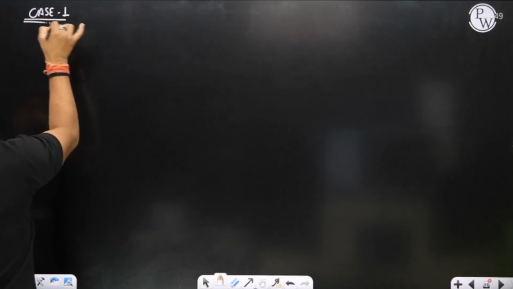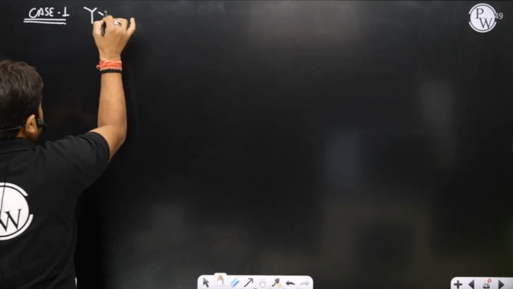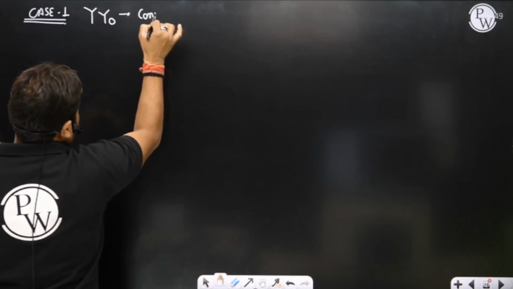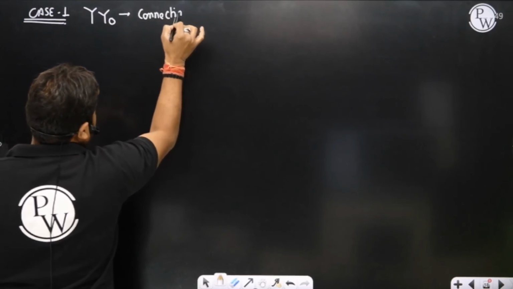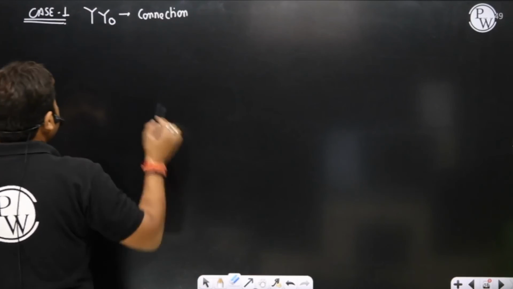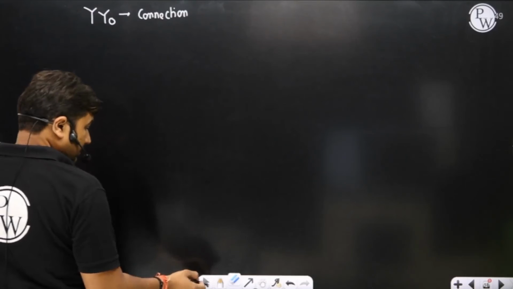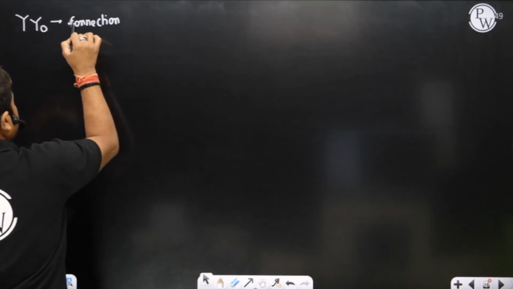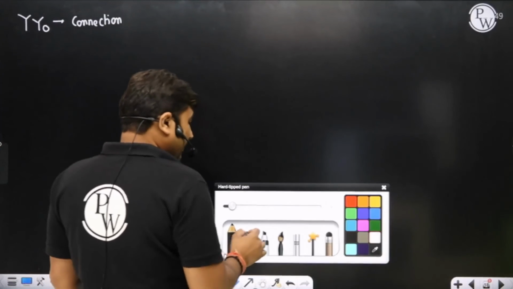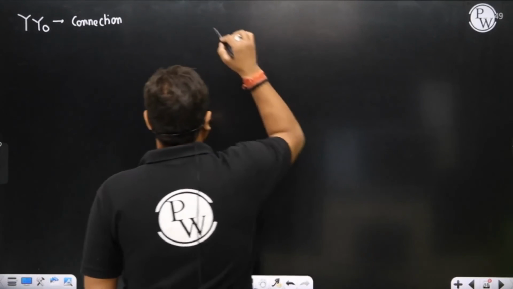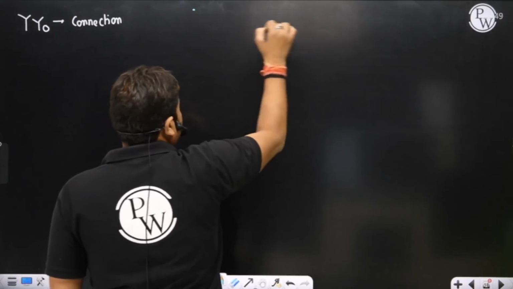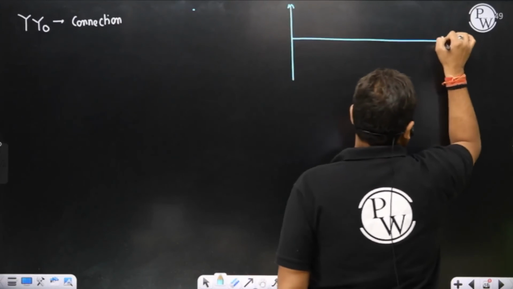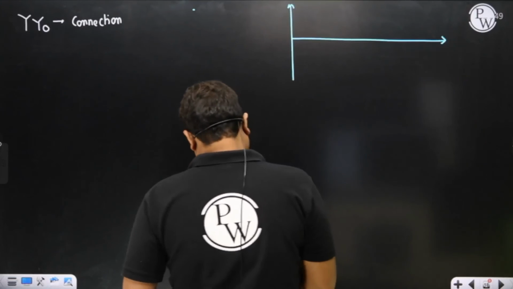Case 1. I am going with a star-star 0 connection. So you need to keep patience for 3 different connections. Connection wise, this is a star-star 0 connection. It means HV is in star, LV is in star, and HV line to line voltage and LV line to line voltage are in the same phase.